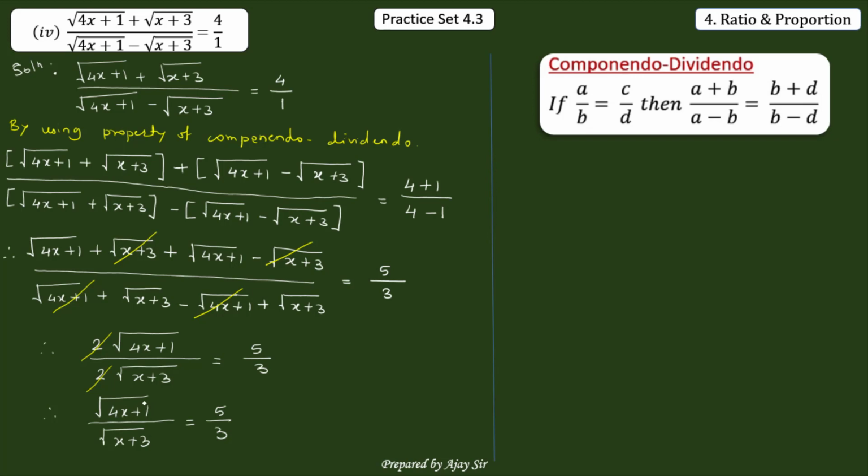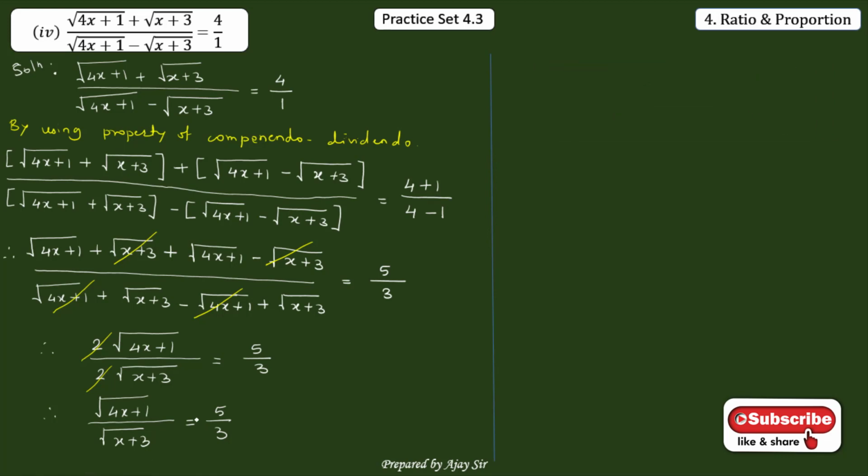We cannot square only one side. Any operation you perform, you have to perform on both the sides. So squaring both the sides of the above equation, we get, after squaring both the sides, the square root will be removed, and only 4x plus 1 will be there.